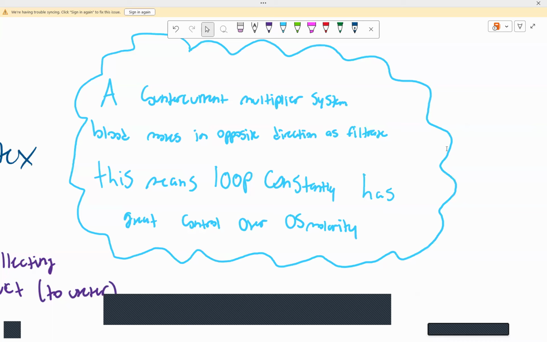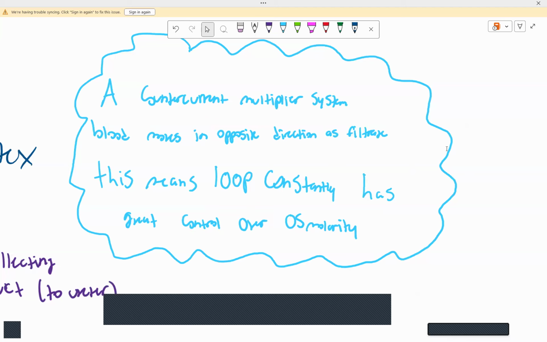Like the waste products in the blood, they're moving in opposite directions. So this means that the loop and the blood are constantly trying to find equilibrium. If you go back to Le Chatelier's principle, if you were to increase one, like your reactants versus your products, you'll shift directions. It's the same thing with your filtrates and your blood because they're trying to maintain that equilibrium.